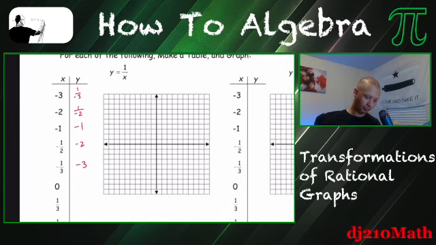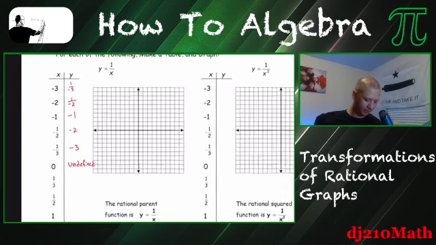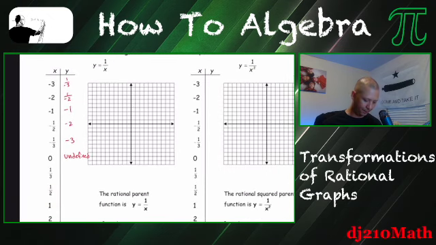1 over 0. 0 in the denominator, this is undefined, right? There's no value for 1 over 0. We cannot divide by 0. I know this is going to go kind of quickly, but you could put all this in the calculator and understand. Because once we get all these points, when you plot them, really, it's understanding what the graph looks like, right?